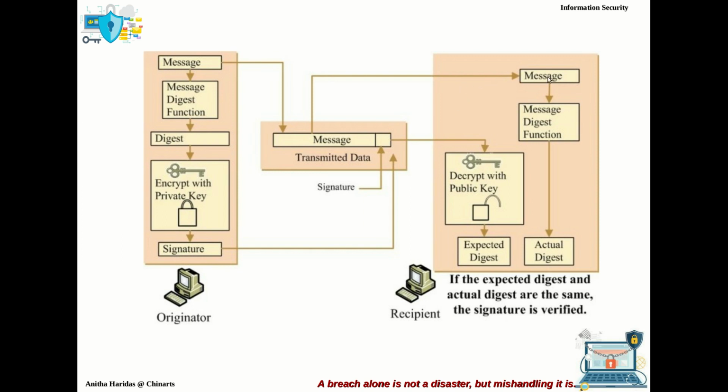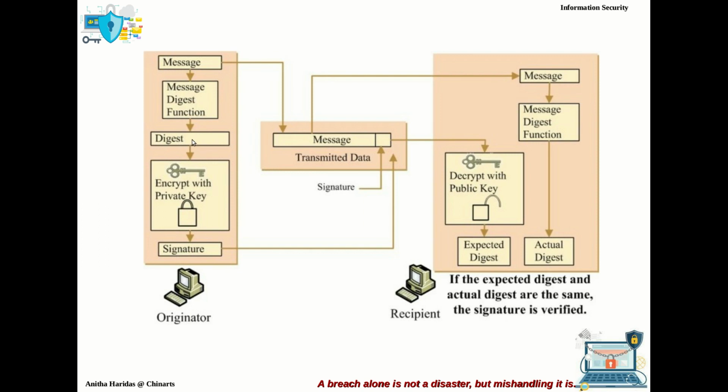So this message document will be taken separately, and again the cryptographic hash function will be applied, which will generate a message digest here. Correct? At the same time, the signature will also be given to the decryption algorithm with the public key, and this will also generate a message digest.